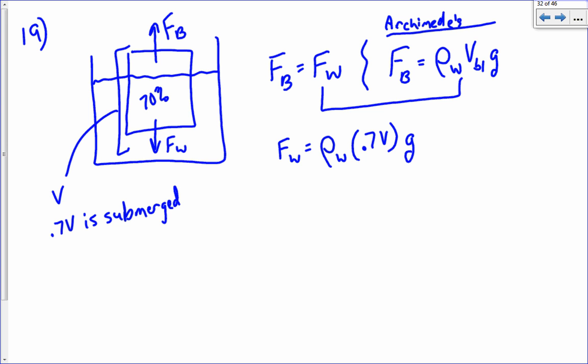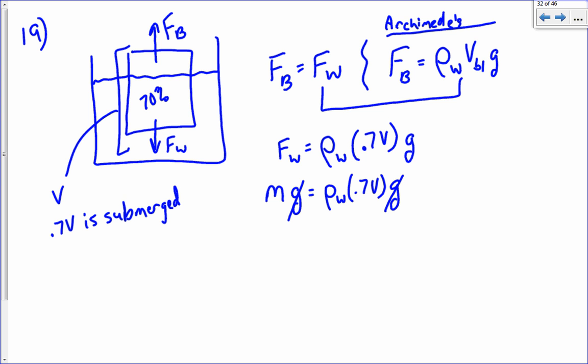Now, what am I looking for here? I want to know the density of the wood. All right, so over here, the weight is M times G, and that's equal to the density of water times 0.7 V times G. Notice that my G's cancel out.